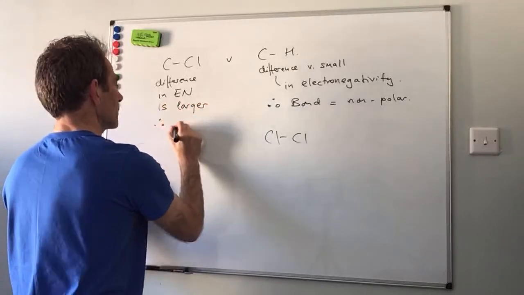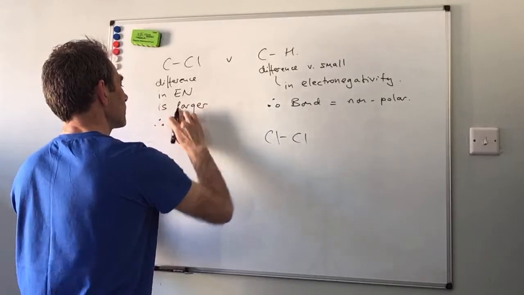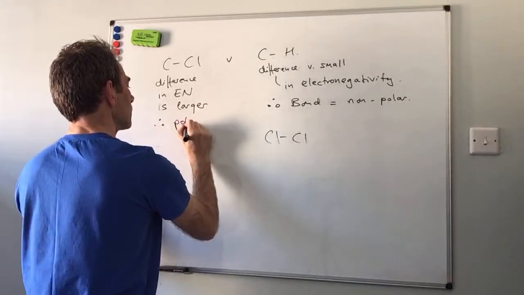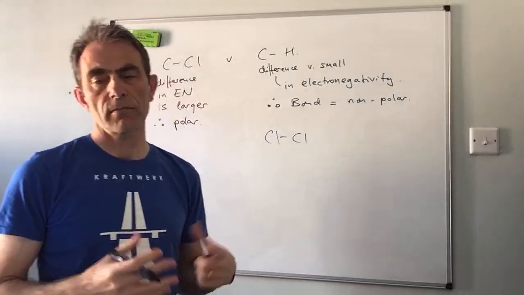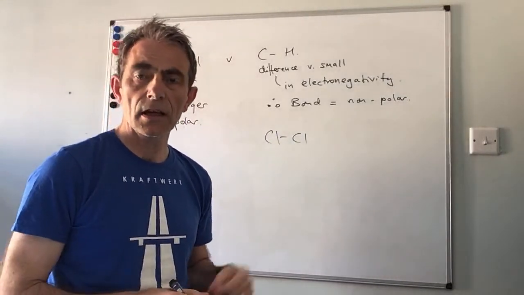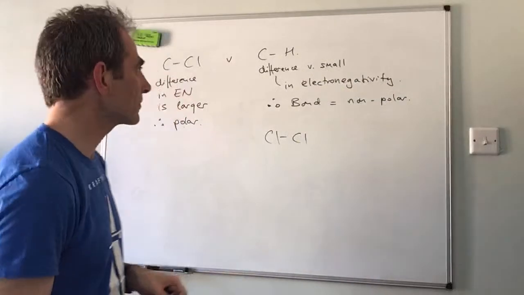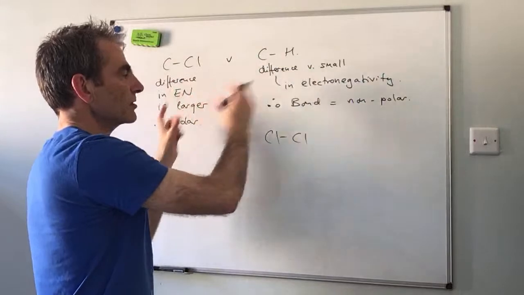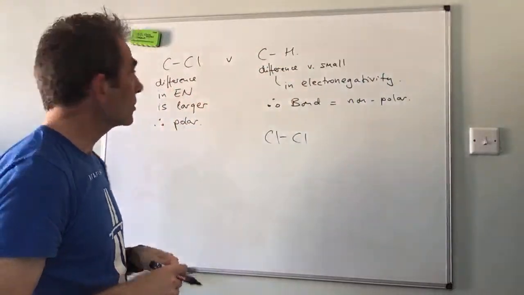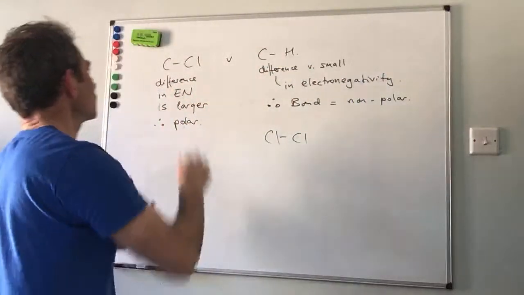Therefore, it's polar. So that's the kind of thing you would need to say to get all the 2 marks for that question, okay? You must make a comparison. So you can't just talk about one thing, you've got to talk about both and compare them, okay? So that was question 1.